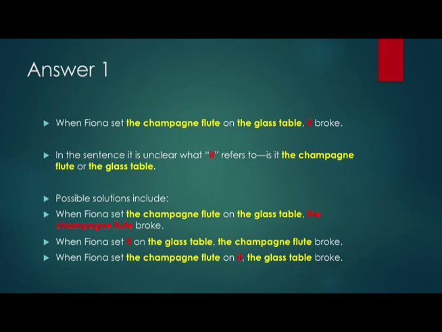Okay? Or when Fiona set the champagne flute on it, the glass table broke. So it could be one or the other, and in the quiz you can decide which one you want it to be, but those would be two correct revisions of that sentence.